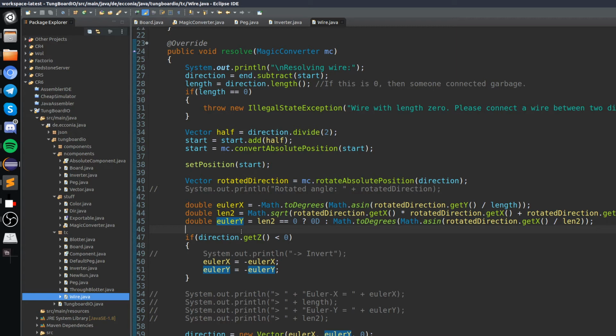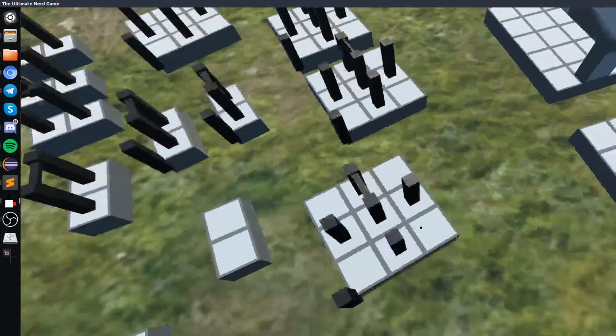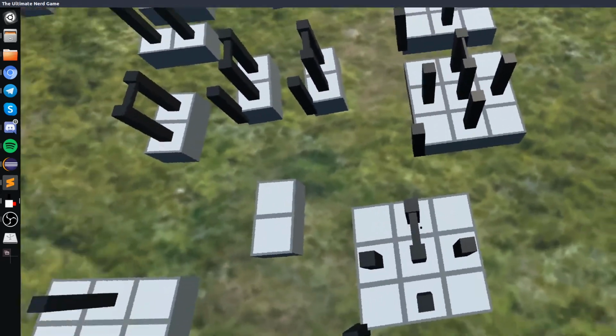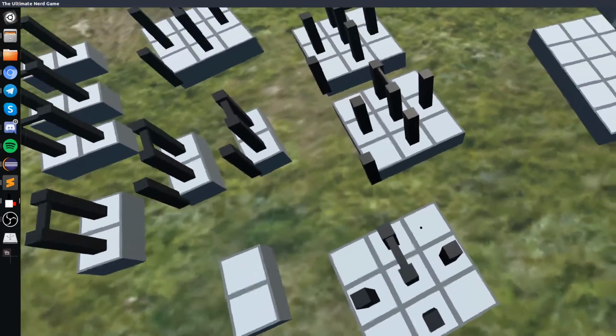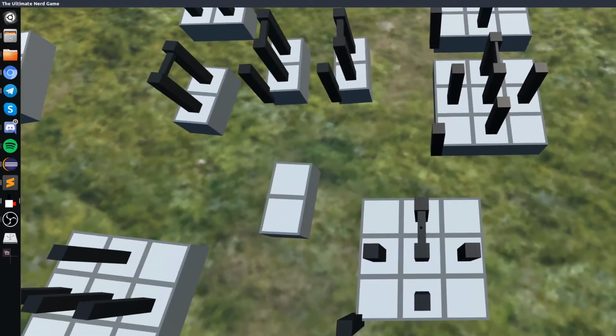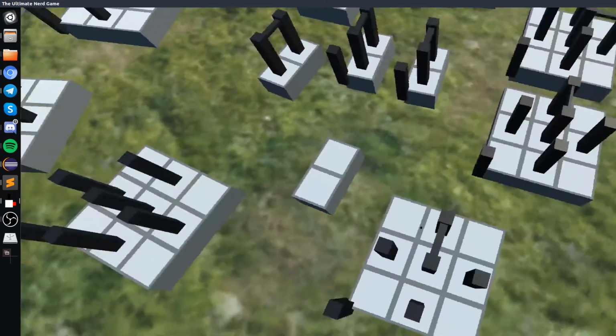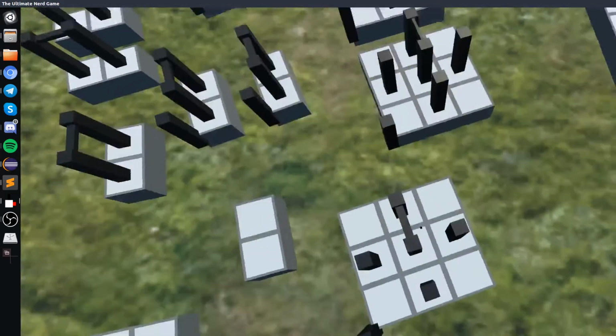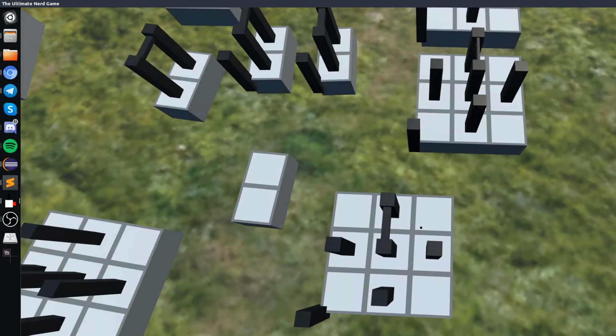What I can do here is rotate the wire into the position I need. Depending on how far the x-axis is used here, so how far the wire goes left or right, I can know how far I need to rotate it. It doesn't matter how high it goes in y level, because it's just depending on how far left and right it is, and I divide that by the length it has to get the actual angle.